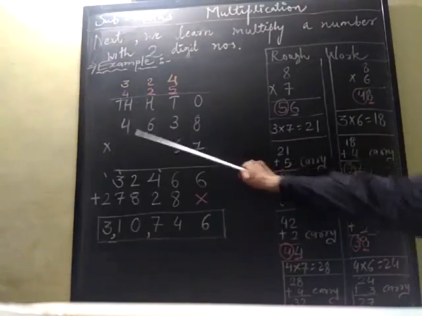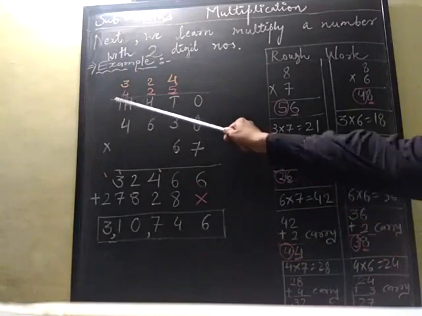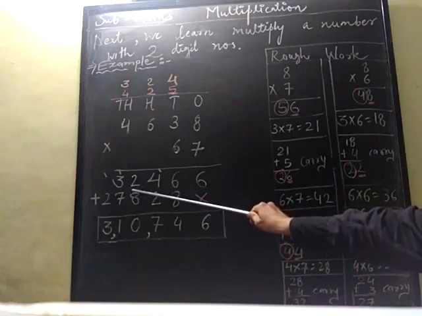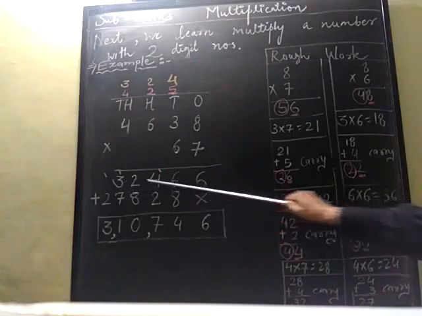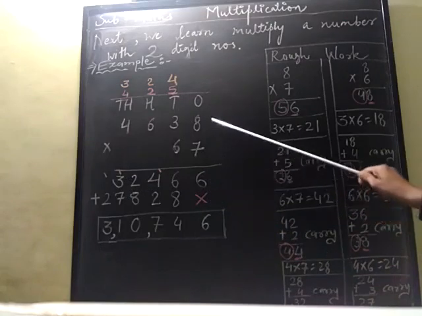After that we multiply 4 with 7. 4 sevens are 28. 28 plus 4 carry is equal to 32. So see, here there is no number on the ten thousands place, so we write 32 directly here. Now we are done with our first step. After that we start our next calculation.